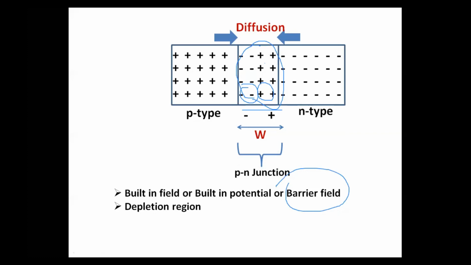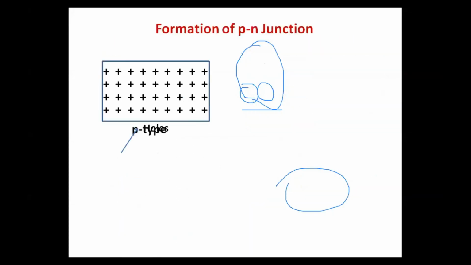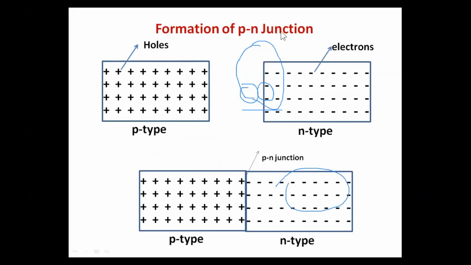The p-n junction is formed by bringing p-type and n-type materials together, and hence forming a common surface and establishing a concentration gradient.